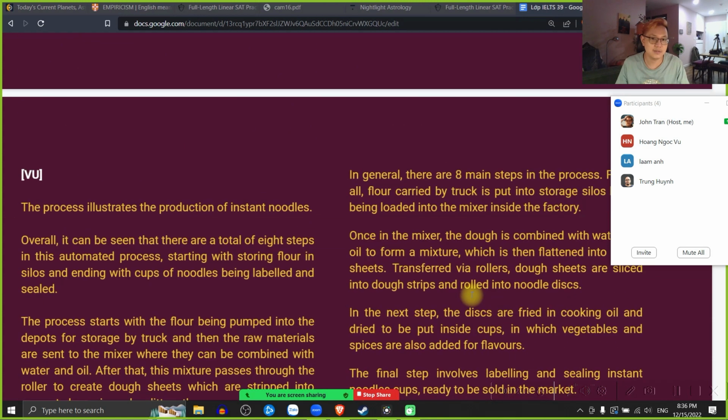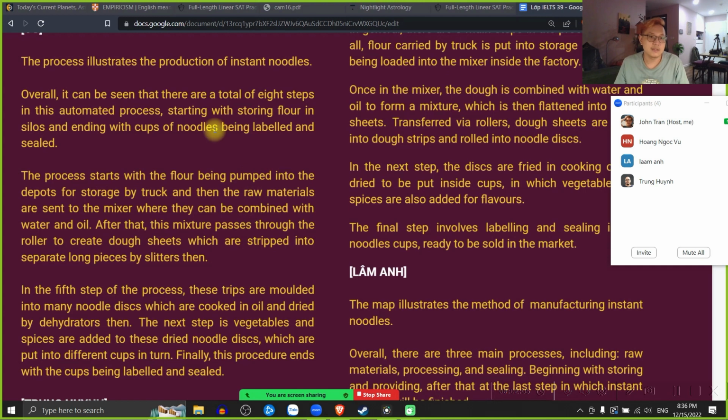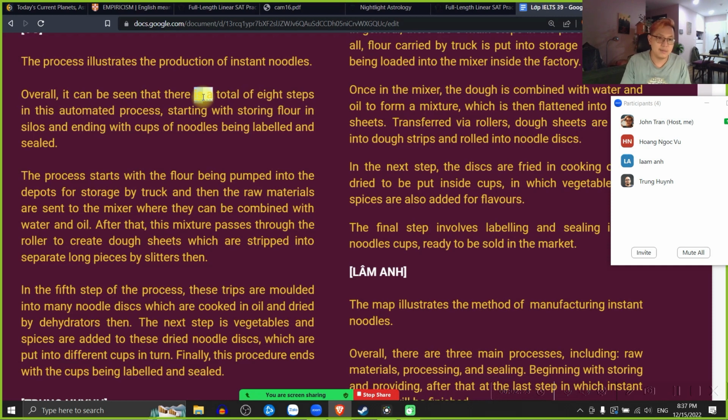Okay, let's look at Mr. Vũ now. The process illustrates production of instant noodles. What can you see there? There is a total of 8 steps.